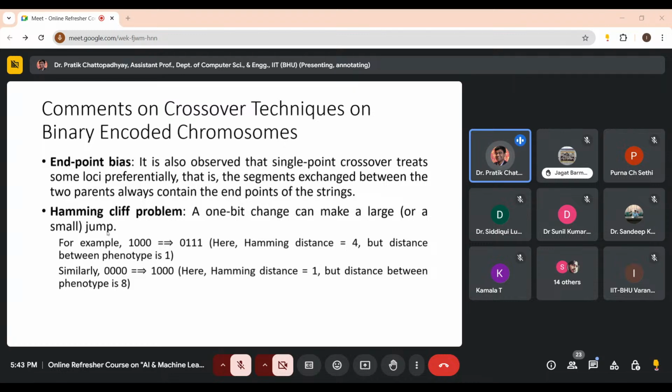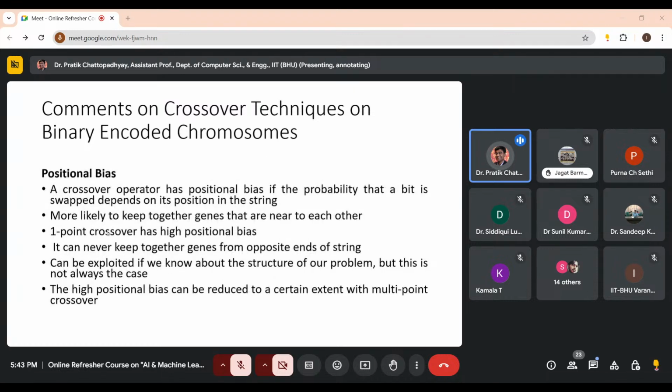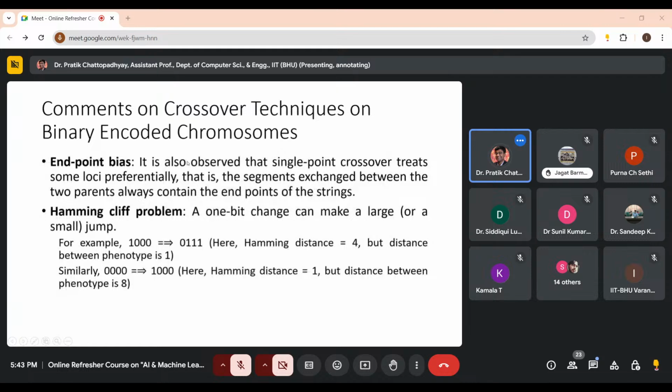Single point crossover has some problems, some biases that we introduce. One of them is positional bias, endpoint bias. This is an important problem. When we do crossover, we are always following the natural theory of evolution.